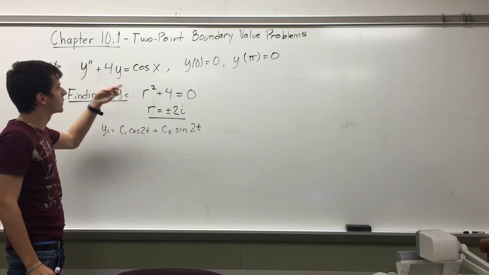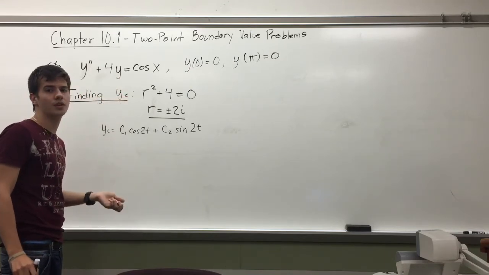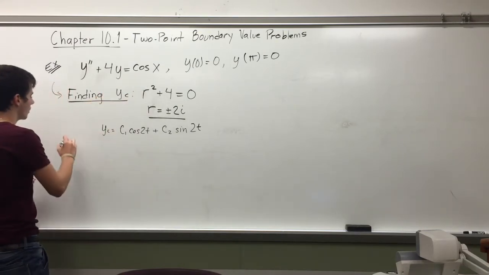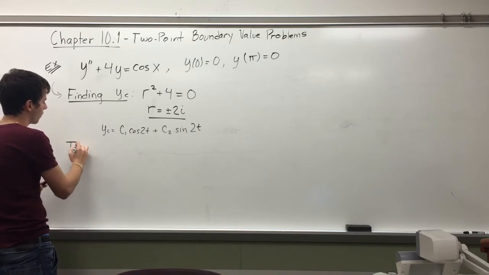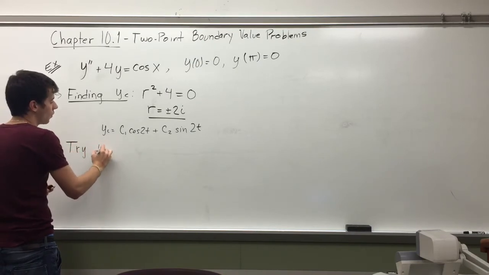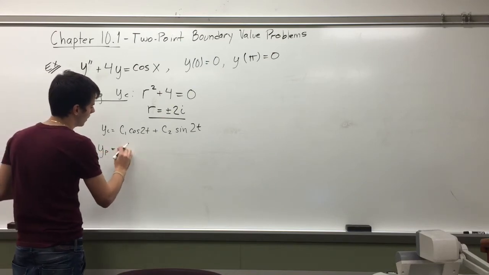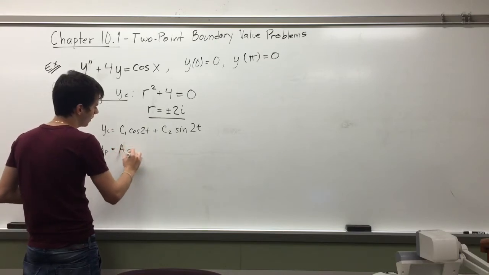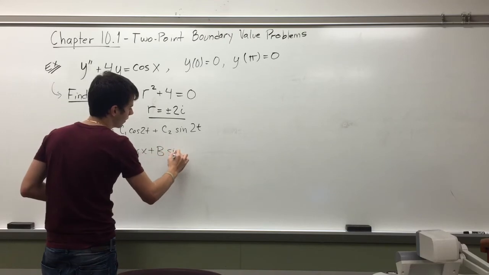And what about our particular solution? I think that undetermined coefficients would be the best way because we have a simple cosine of x on the other side. So using the method of undetermined coefficients, we're going to try the particular solution to be a cosine of x plus b sine of x.